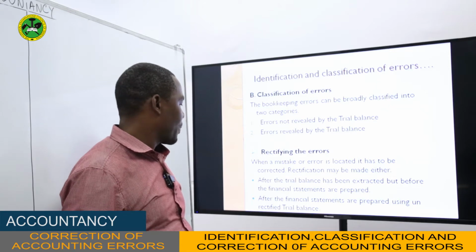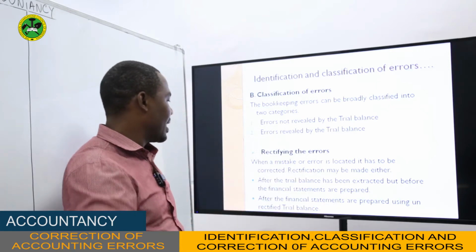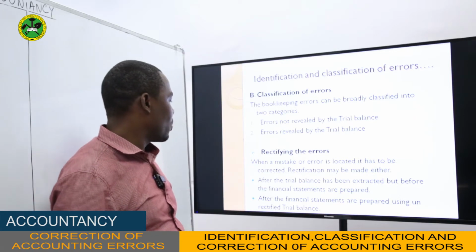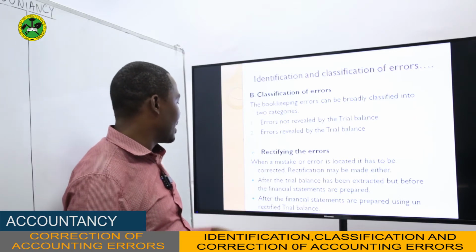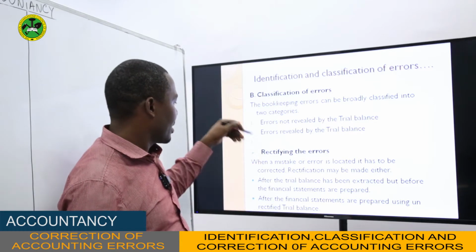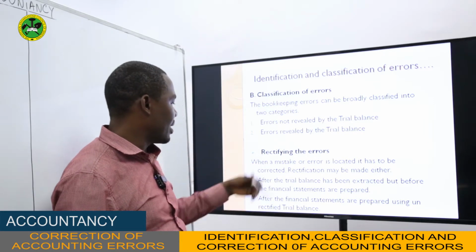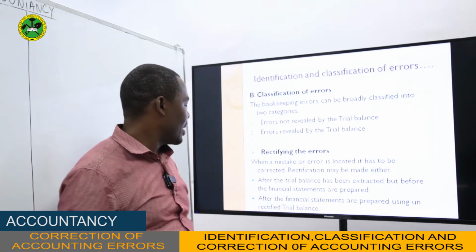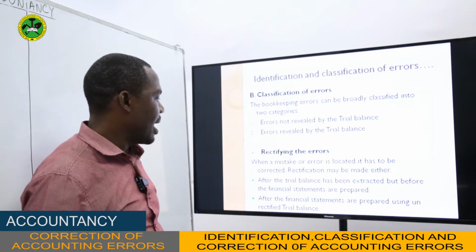This part will be covered in the next lesson. For today, we are going to see questions that involve identifying, classifying and correcting those errors just before the financial statements are prepared.